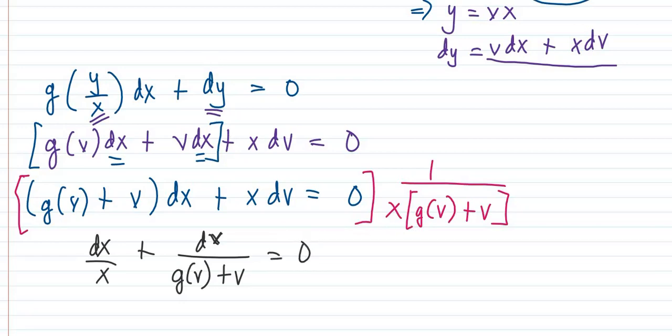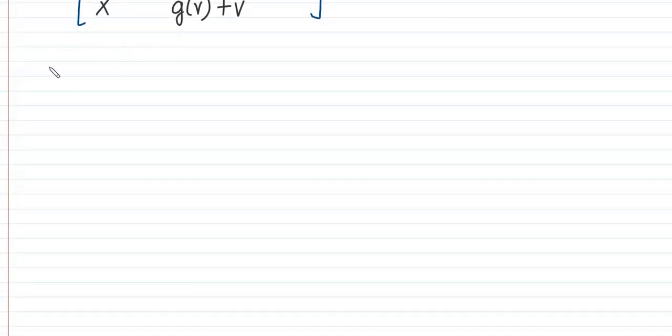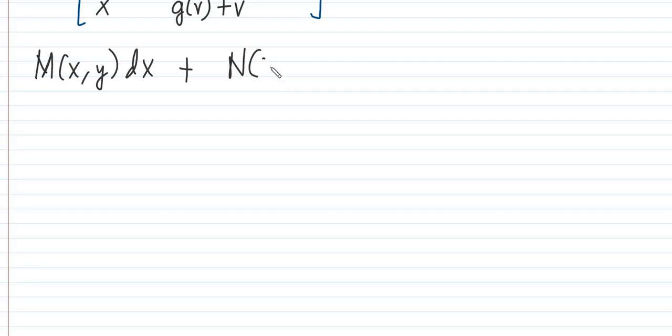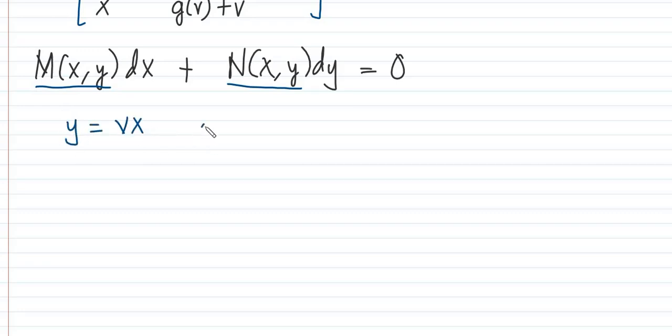What is the conclusion here? If I have a differential equation M of xy dx plus N of xy dy is equal to 0, and I have established that M and N are homogeneous and of the same degree, then I could solve it using a substitution: y is equal to vx, or I could also use x is equal to vy, whichever is more convenient depending on the problem.